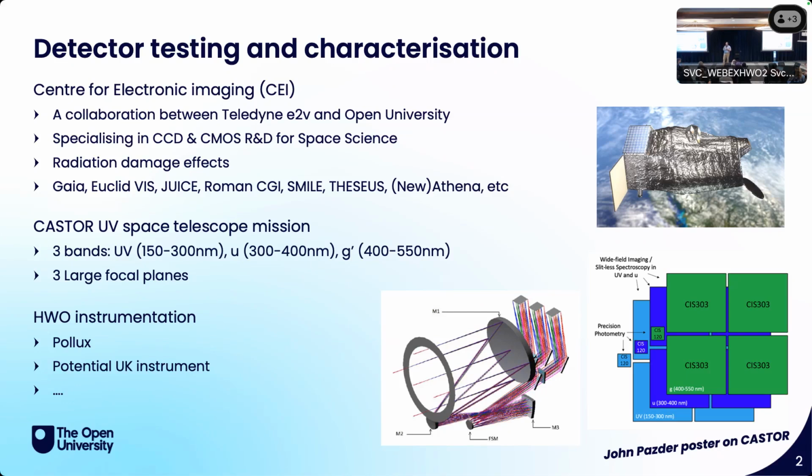This is a UV mission with 3 bands from 150 up to 550 nanometers and sporting 3 large focal planes using the CIS-300 and 3 Teledyne E2V detectors. But these detectors and this work fit very well into HWO instrumentation, especially the Pollux mission, which we're part of.